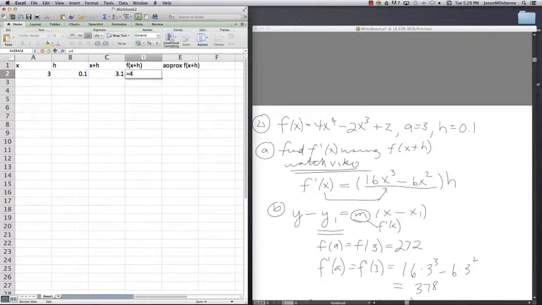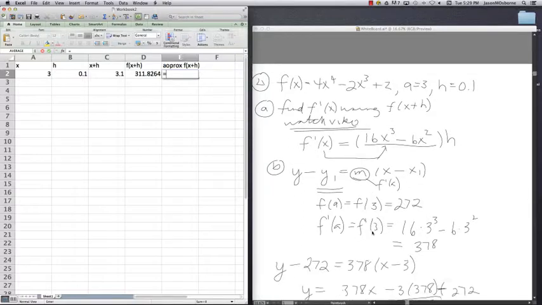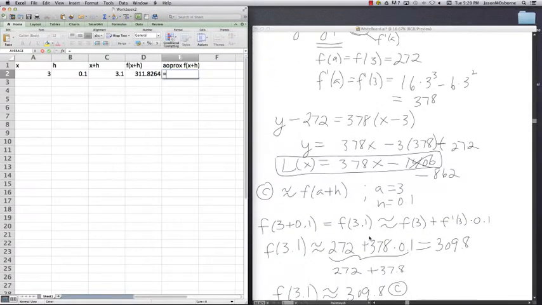It would be 4 times my x plus h value, which is in the C cell, to the 4th power, minus 2 times my x plus h value to the cubed power, and then plus 2. There's the 311.